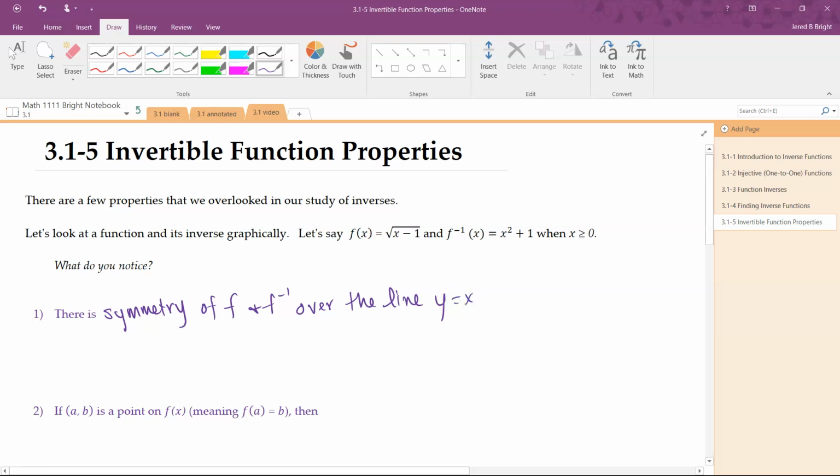Now, why is it that line? Well, think about the process that we went through in finding the inverse functions. Didn't we end up switching x and y? So it makes sense that if x and y switch, there's going to be symmetry over this line, like it reflects.